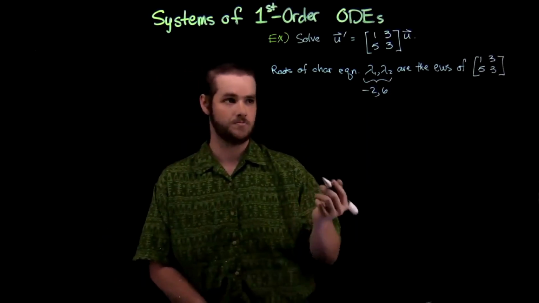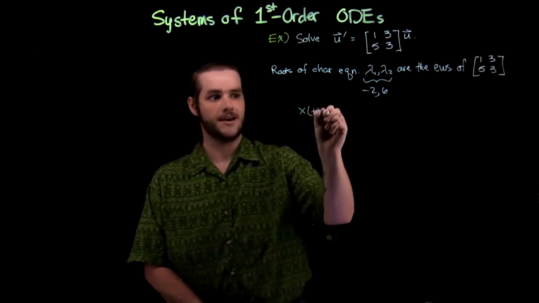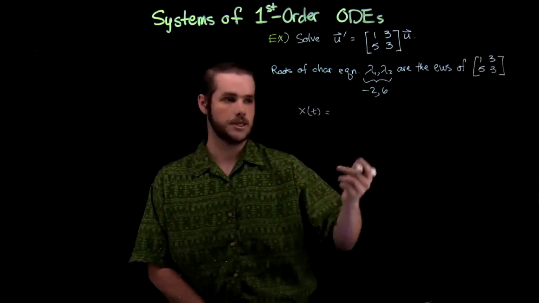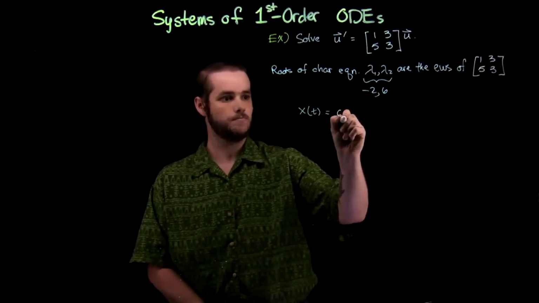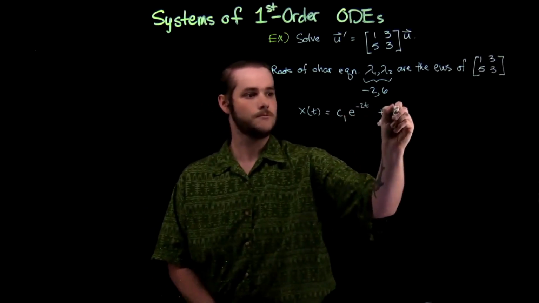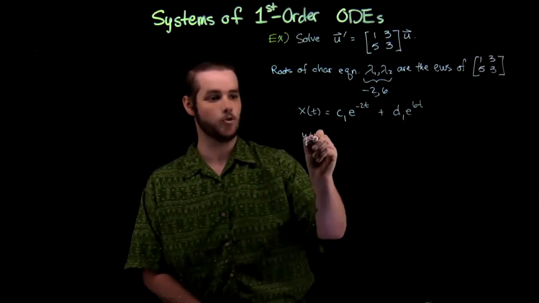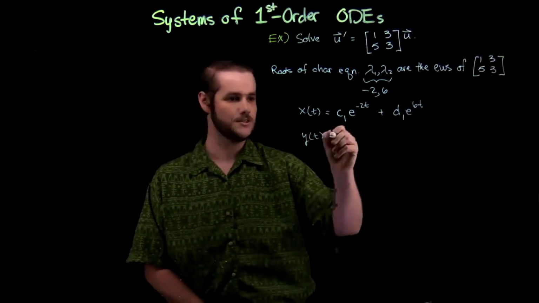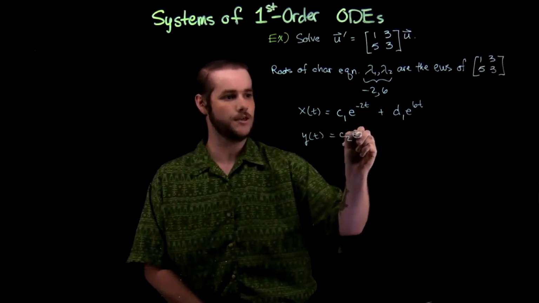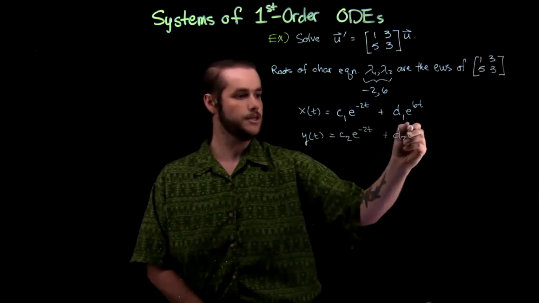Now, I would expect x of t, the scalar function, to have its output be c1 e to the -2t plus d1 e to the 6t, and I'd expect the same format for y. That's why I didn't use c1 and c2 there. I'll have c2 e to the -2t plus d2 e to the 6t.